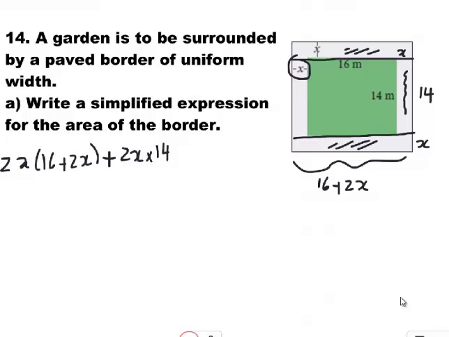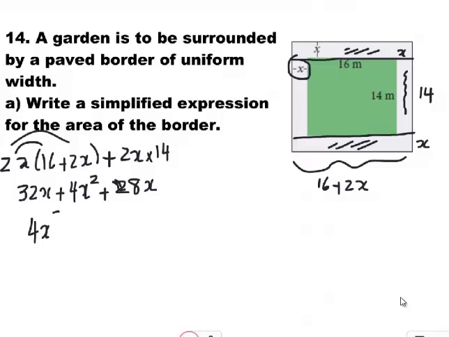So if I distribute this one, 2x times 16 is 32x, plus 2x times 2x is 4x squared, plus 2x times 14 is 28x. So we're going to end up with 4x squared plus 32x plus 28x, which is going to give me 60x.